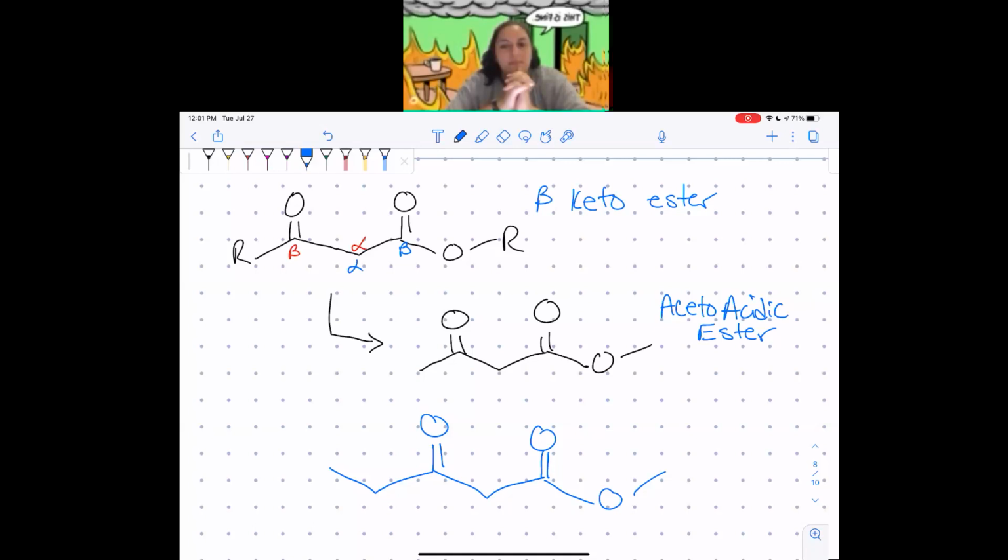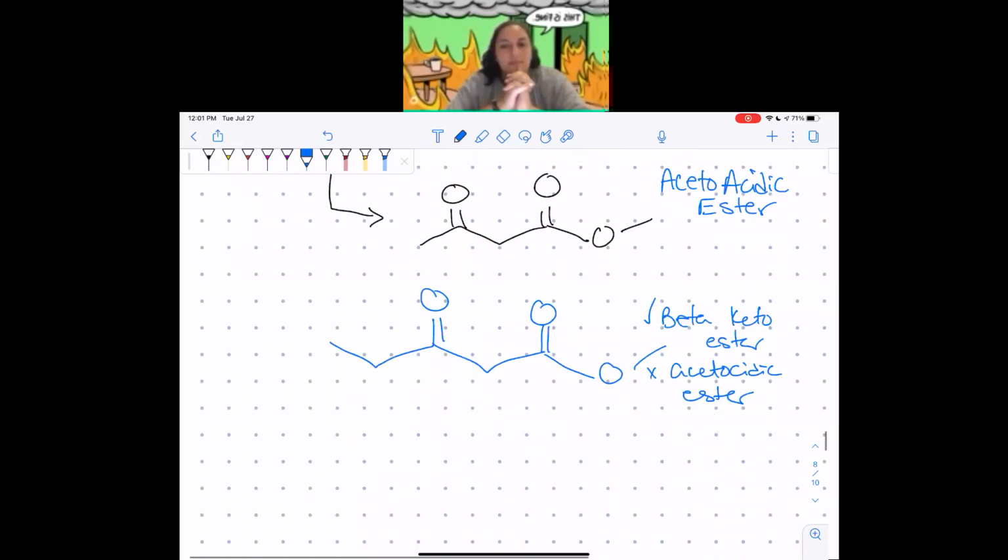And when you look at this, this is a beta keto ester, but it is not an acetoacetic ester. Make sense? Ish. I hope. Yes, okay, cool.